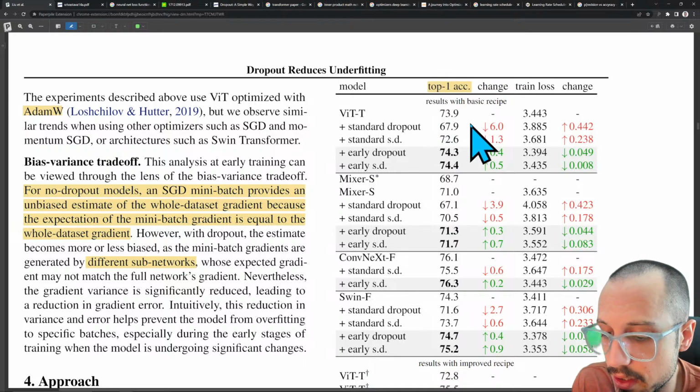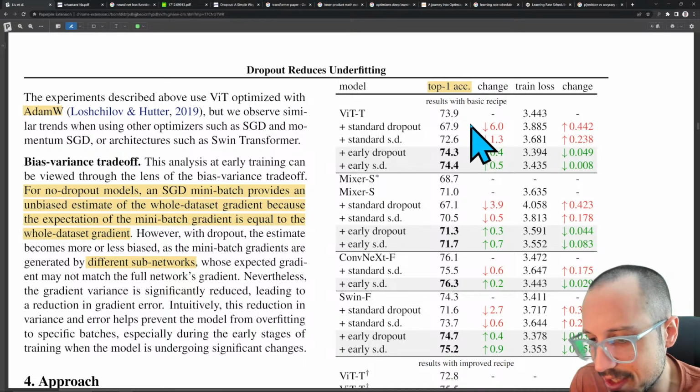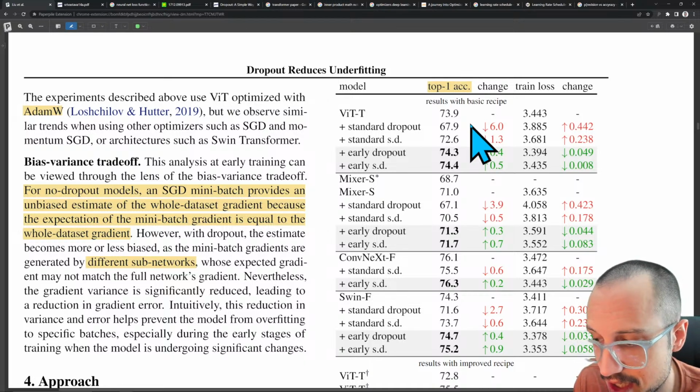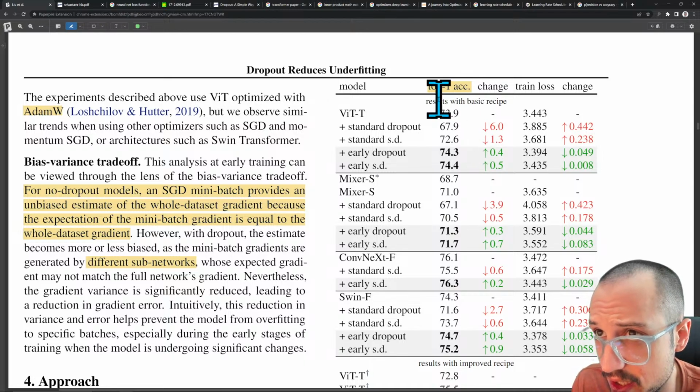When you're measuring the performance of a classification model, you can either say that the model needs to get the answer perfectly right, which is top 1 accuracy, or the model just needs to predict the correct answer in its top 5 guesses, and that's top 5 accuracy. So top 1 accuracy is actually the hardest one to get a good score on, because the model needs to get it perfect.